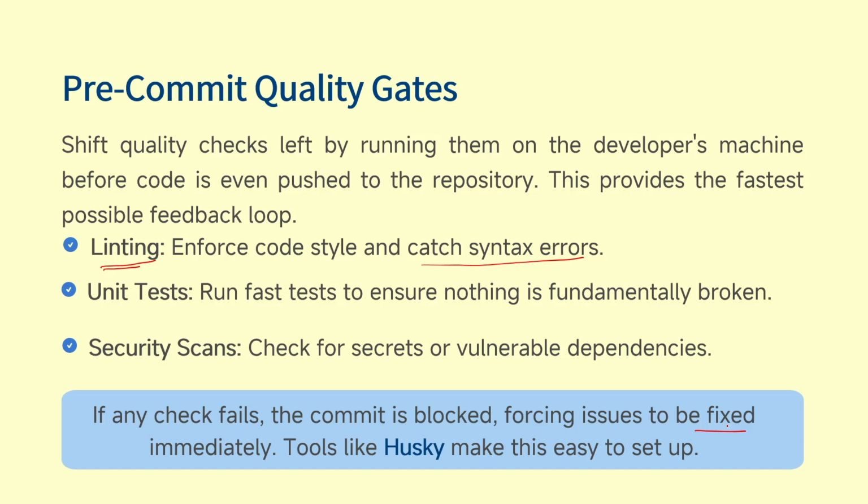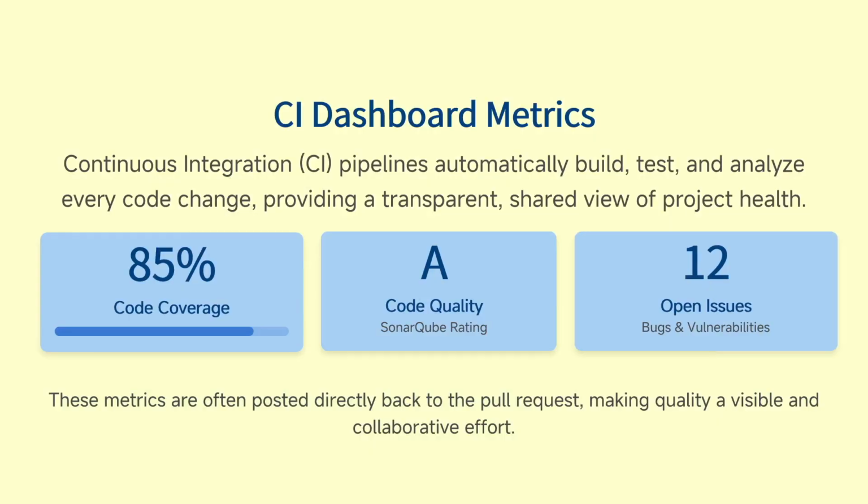Okay. So, there are some tools like Husky which make this easy. These types of tools are used when you are trying to commit something to the centralized repository, and this has also been used in CI dashboards. CI is continuous integration, where you can also say something about code quality. Okay.